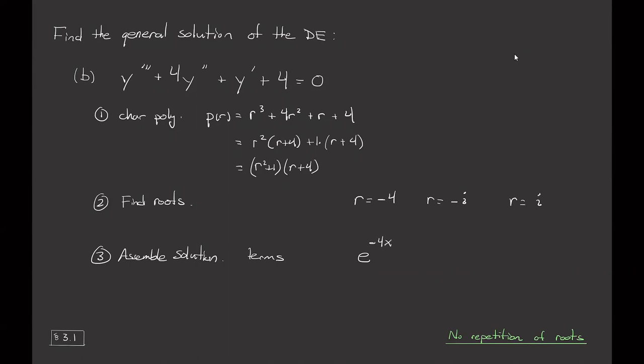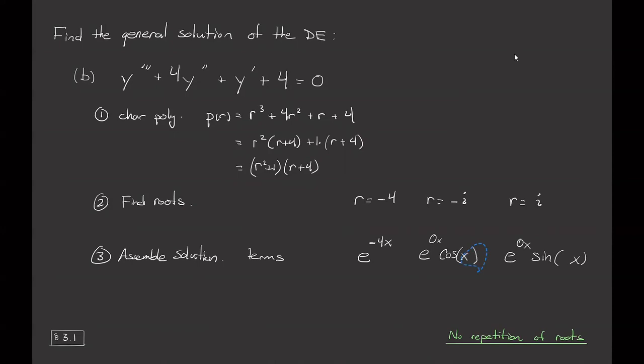I'll go back to x for the moment to mix it up. Then for a complex conjugate pair, it's not like either one is really associated with a particular root, like cosine or sine. Actually, this is going to be e to the 0 times x times cosine of 1 times x, because the real part is 0. And this is e to the 0x times sine of 1 times x.